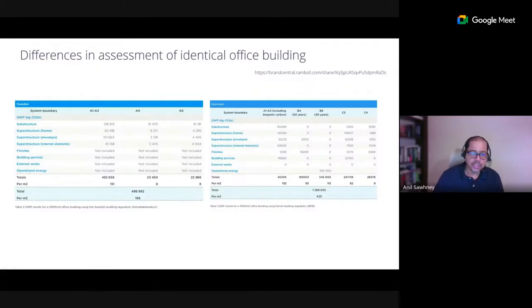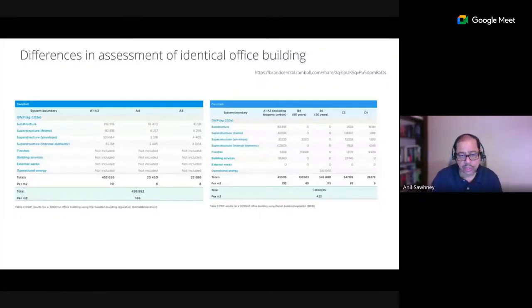So Ramboll did a study. They took a building in Sweden and in Denmark. They did the WLCA calculations. They only did certain portions. Using Sweden, you can see that because we don't include all modules, the benchmark we got was 166.